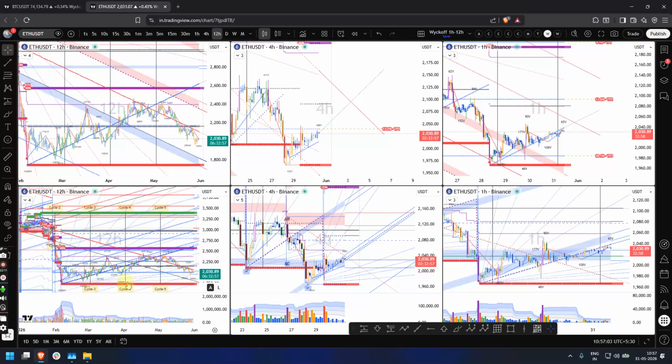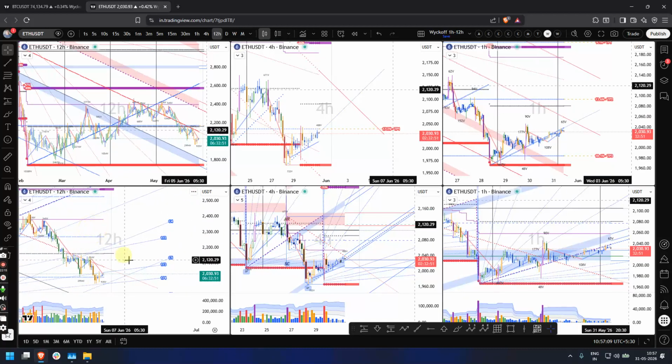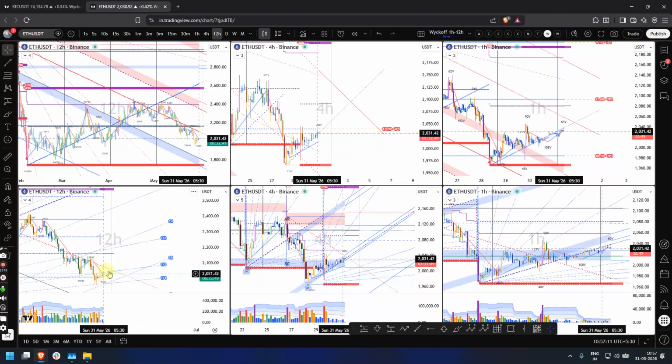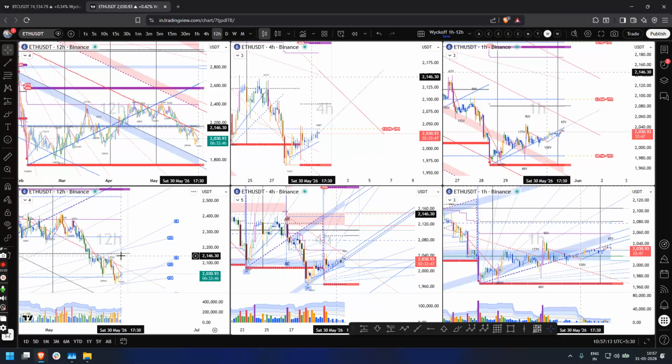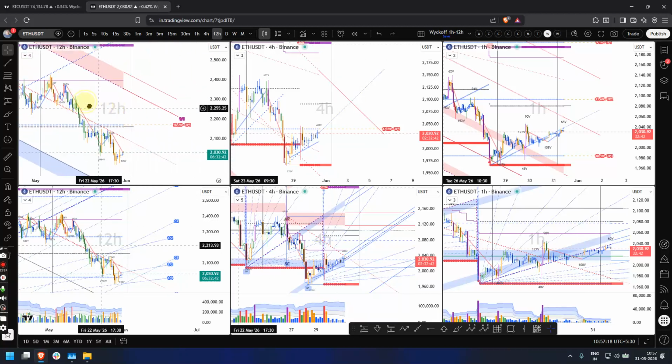Cycle 2, cycle 3, cycle 4, cycle 5. So it's going to go with cycle 5 here as soon as it overcomes this resistance. And this is on the 12-hour time frame.